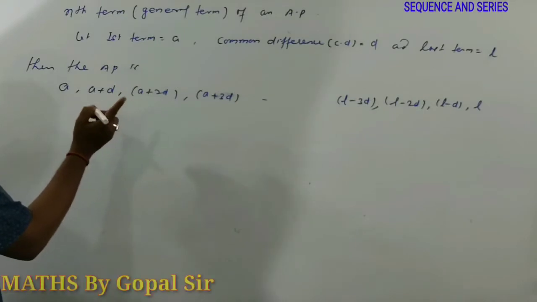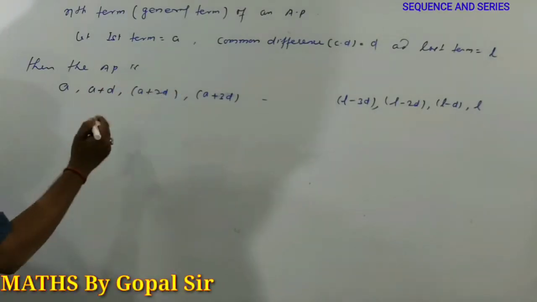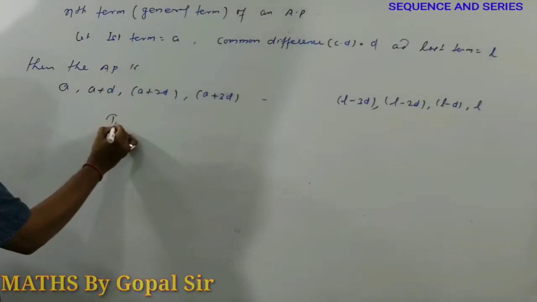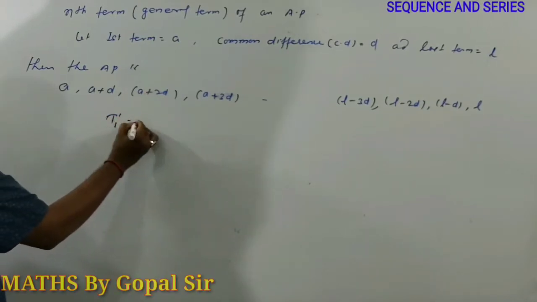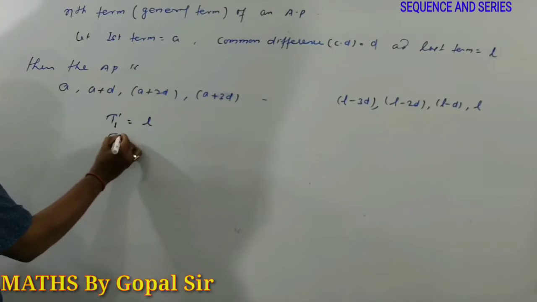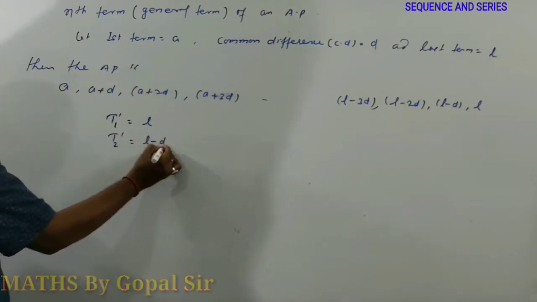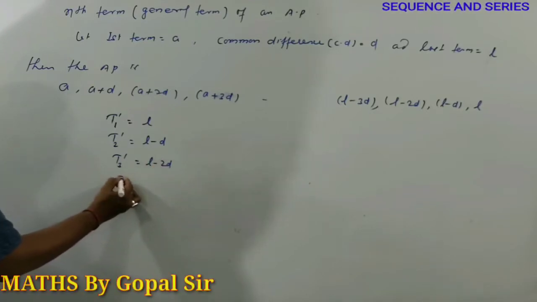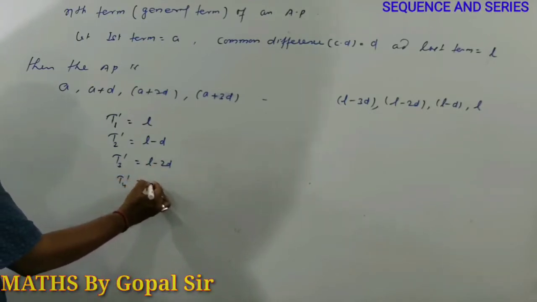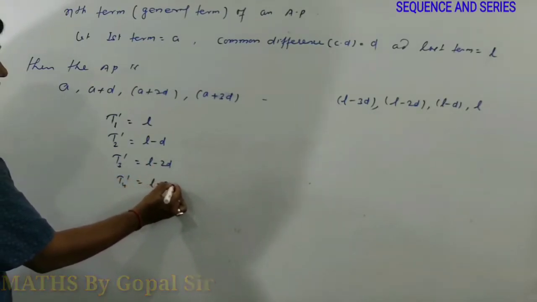Now we have to find the nth term from last. The first term from last is L. The second term from last is L minus d. The third term from last is L minus 2d. The fourth term from last is L minus 3d.